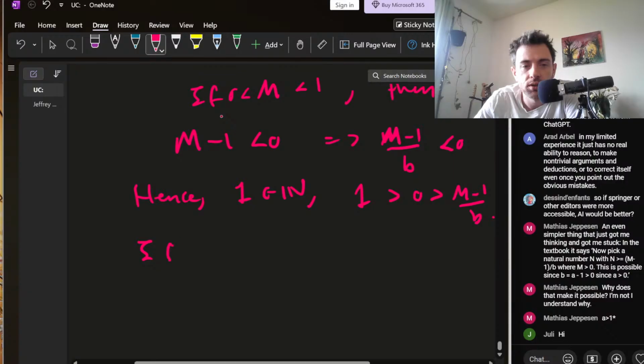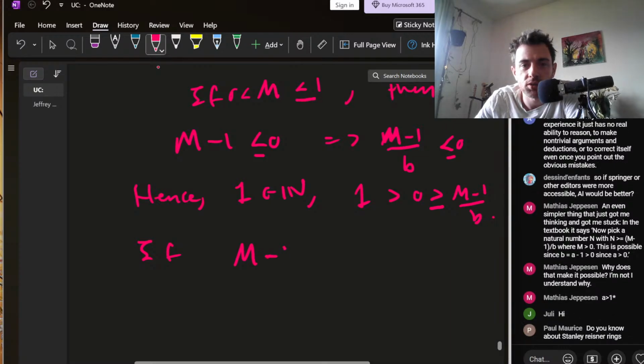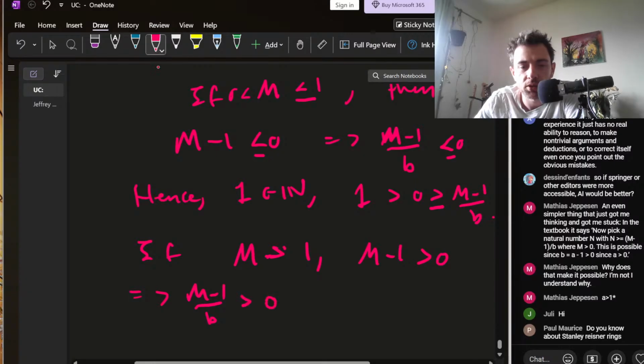Now, I suppose we could make this less than or equal, actually. So now we could say if m is strictly bigger than 1, then m minus 1 is bigger than 0, which implies that m minus 1 over b is strictly bigger than 0.